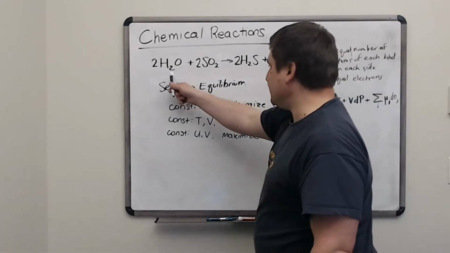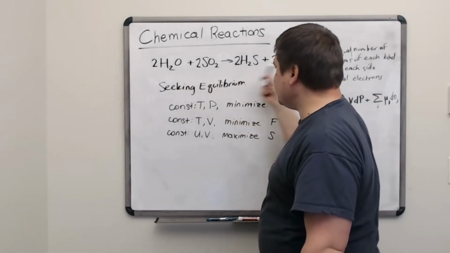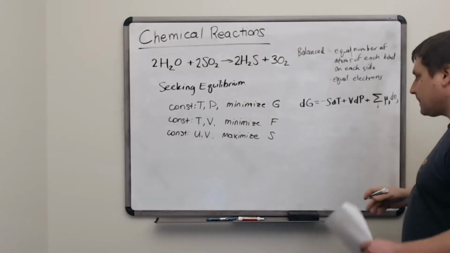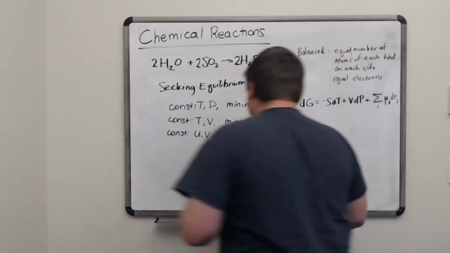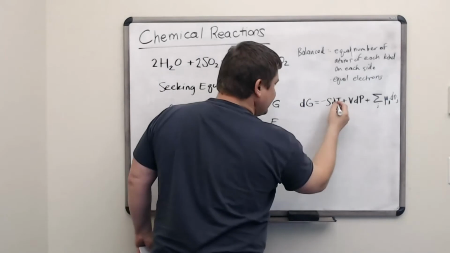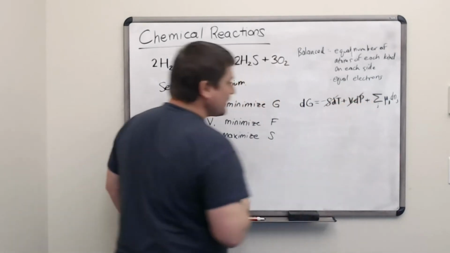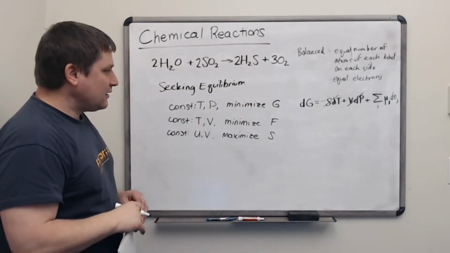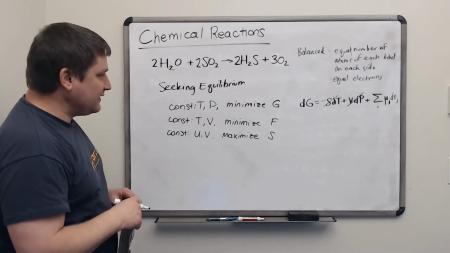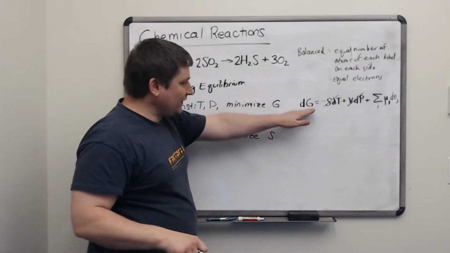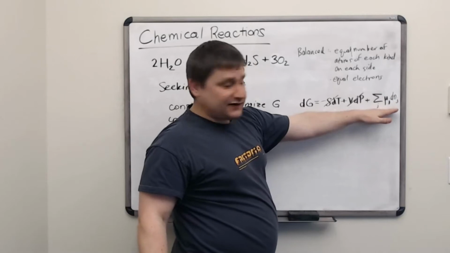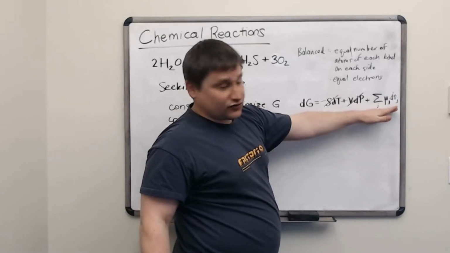So here j would be 1, 2, 3, 4, or A, B, C, D, and I'd have 4 terms for chemical potential here. So if we're holding temperature and pressure constant, then these two terms are going to be 0. And the change in the Gibbs free energy will entirely depend on the chemical potentials of the species and whether their mole numbers change or not.